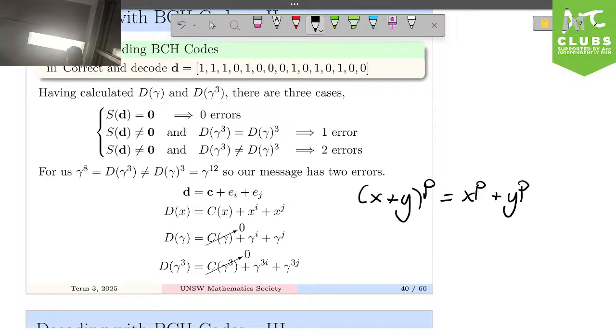This actually ends up being true for a finite field. And so in general, any polynomial in a finite field actually behaves really nicely.